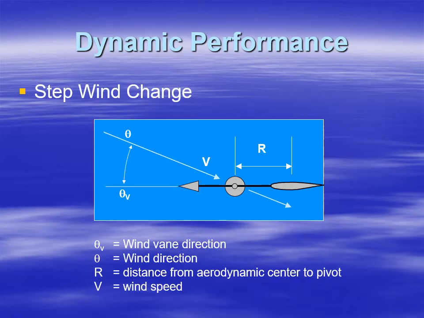So instantaneously, the wind changes from theta v to theta, and the wind vane does not change instantaneously. It takes some time for it to swing over to its new direction, theta. Of course, v is the wind speed, and then r is the distance from the aerodynamic center out to the pivot point, being the place where the wind vane rotates about, in other words, the shaft.